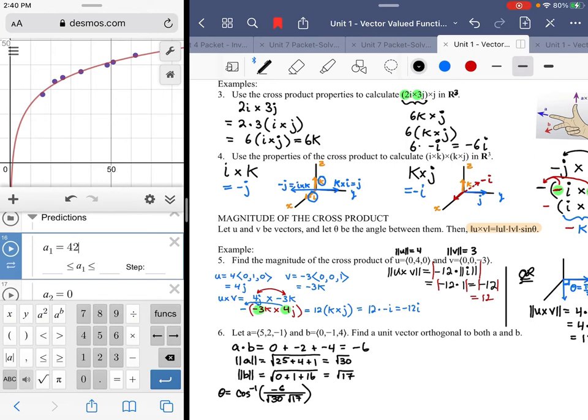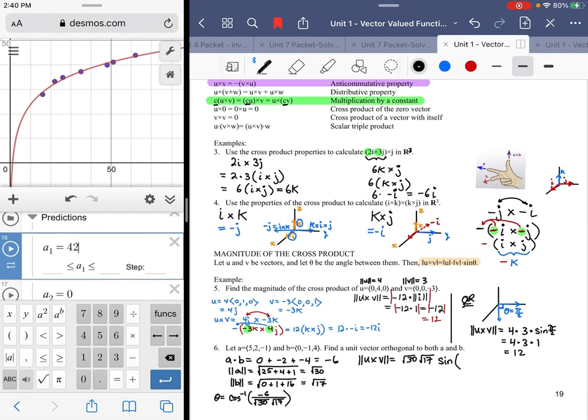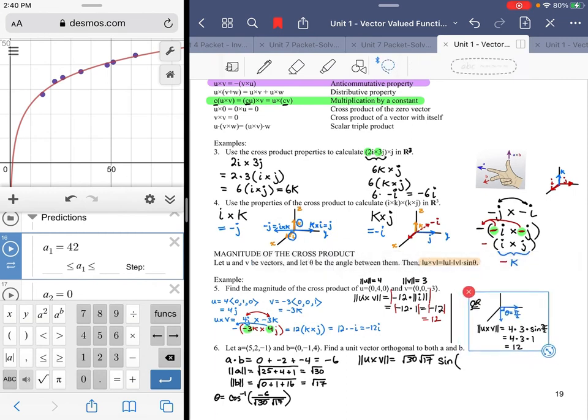So if I want to find the magnitude of the cross product, what I can do is take u cross v, the formula. Magnitude of u we know is root 30. Magnitude of v is root 17. And so what I would need is the sine of theta. Now the sine of theta is equal to the sine of the inverse cosine of -6 over, so basically all this stuff.